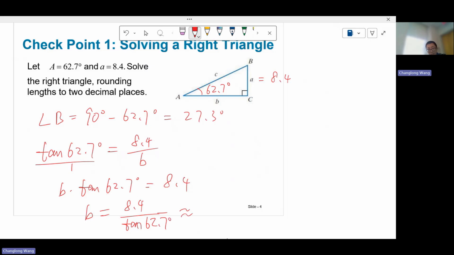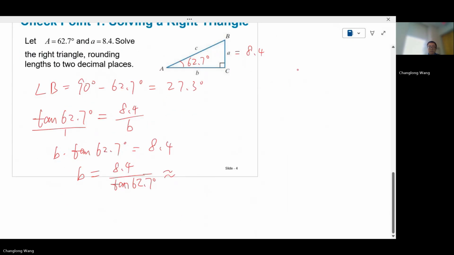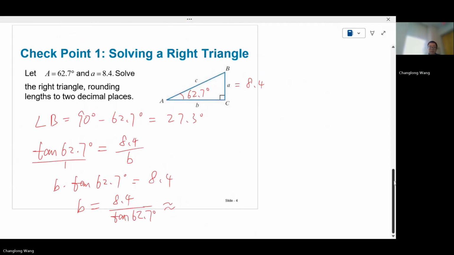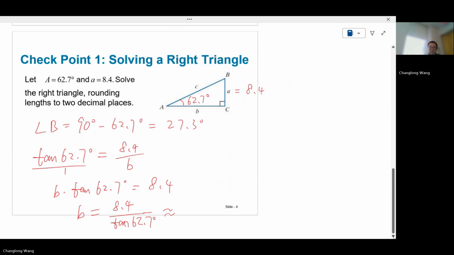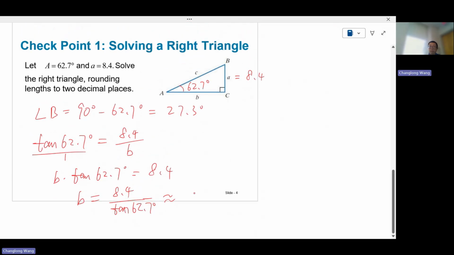And tell me how much it is. Okay, let's say maybe 4.3, right? Now, when it comes to rounding, I think keeping one or two decimal places will be good enough for our tests.